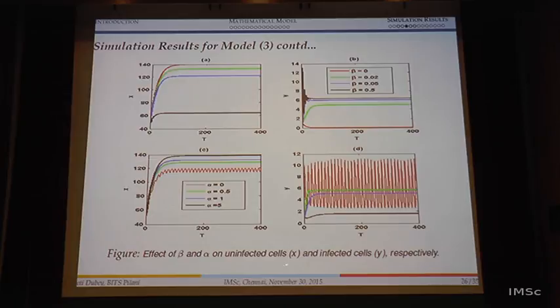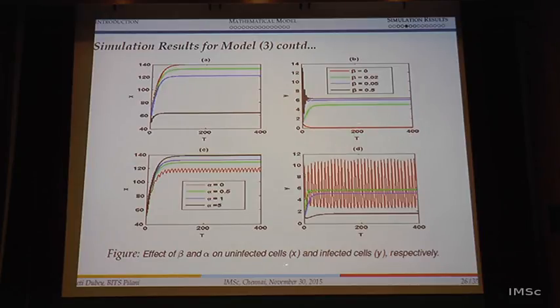In this figure we have considered the effect of beta, which is the incidence rate or infection rate, on the uninfected cells and infected cells. When beta equals 0, when there is no transmission of infection, we can see that the uninfected cells are at their high equilibrium point, and the infected cells are approaching 0.